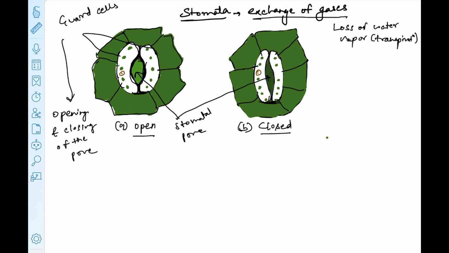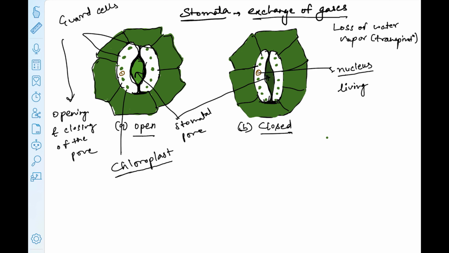This means the stomatal pores are open. If they shrink like this, it means the stomatal pores are closed. Now, guard cells have these green colored pigments known as chloroplast. Okay, so they also contain these organelles known as chloroplast that we just discussed about. Now you can see here a brown spot. This is nucleus of guard cells, as guard cells are living.